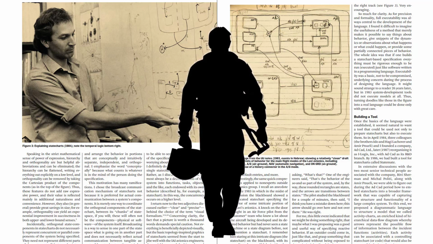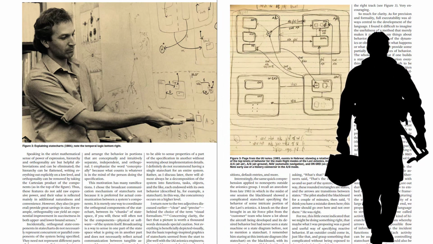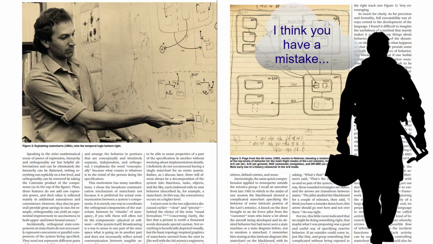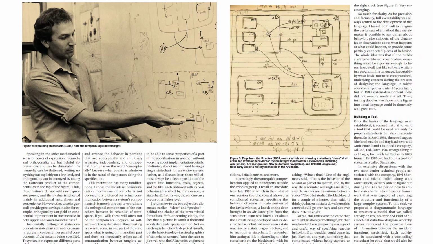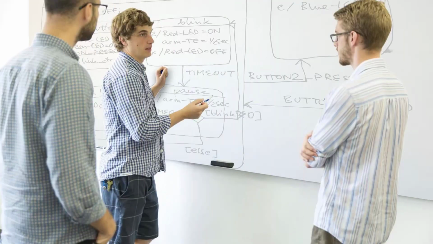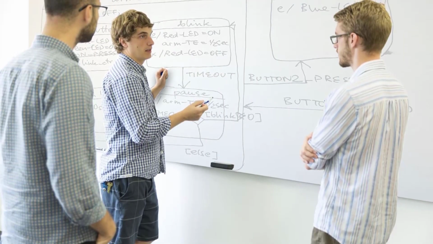And, by the way, these rounded rectangles are states and the arrows are transitions between states.' The pilot studied the blackboard for a couple of minutes, then said, 'I think you have a mistake down here. This arrow should go over here and not over there.' He was right."